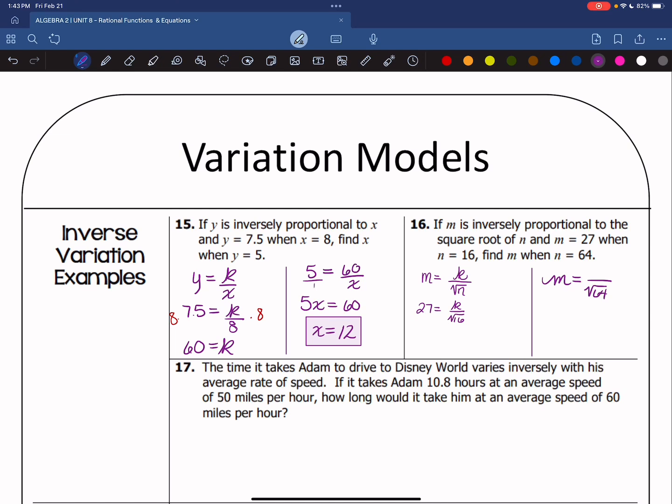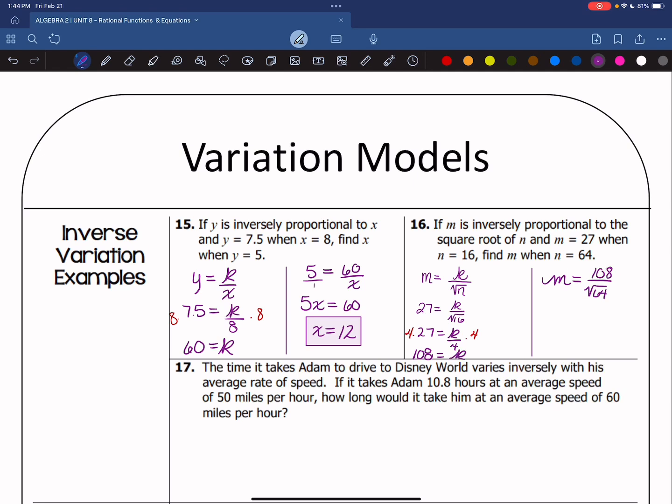When I take the square root of 16, that's actually 4. So I'm going to need to get k by itself, because I'm dividing by 4, I need to multiply by 4 to undo that division. And when I take 4 times 27, that will give us 108. So right here, I have 108 is actually my value for k.